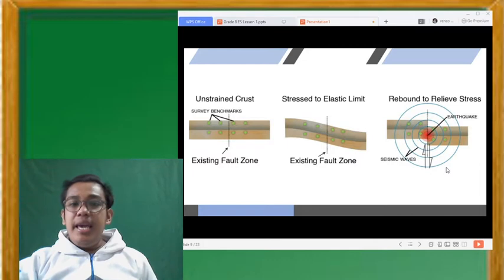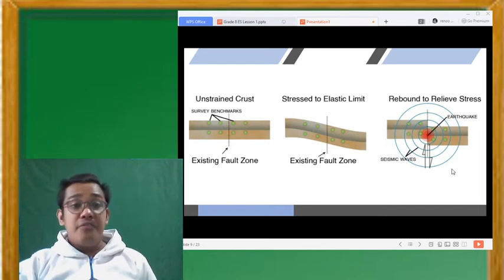So we have different types of faults. But for now, we have here the different zones where we locate the fault. All right, we have the unstrained crust. This happens in our earth's crust when we have an earthquake, or before the fault happens.